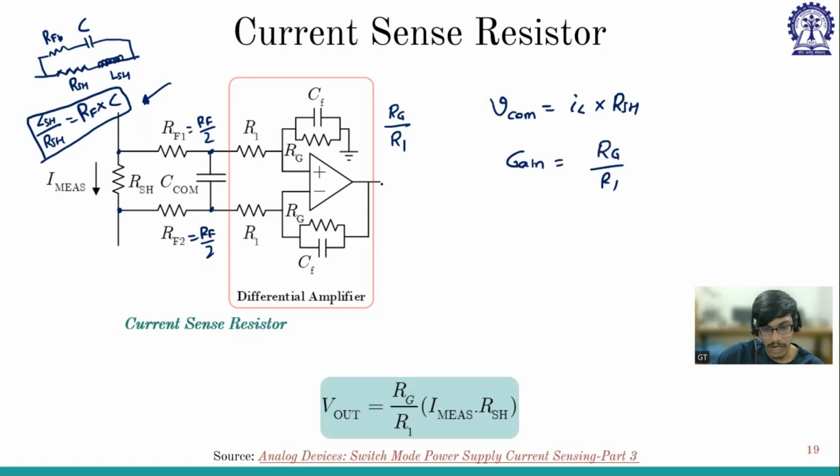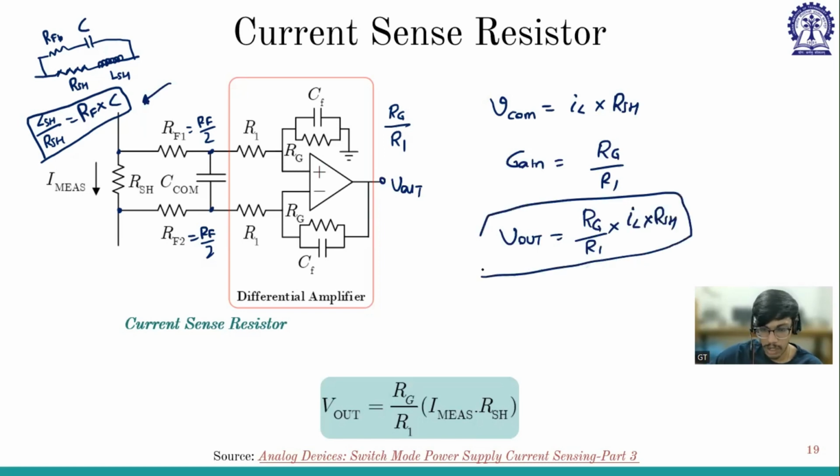So if I consider this to be my V output, my V output will be VCOM into the gain, so RG by R1 into IL into RSH. So this is how we'll be doing, and this is what has been done in the hardware as well.